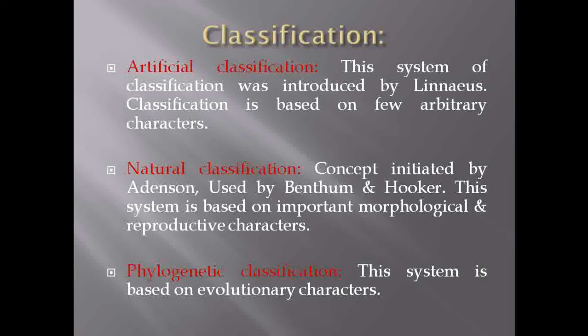And then the next system of classification is called the phylogenetic system of classification, which is based on the evolutionary characters. So remember this one. The artificial system of classification is proposed by Linnaeus and is based on a few arbitrary characters.